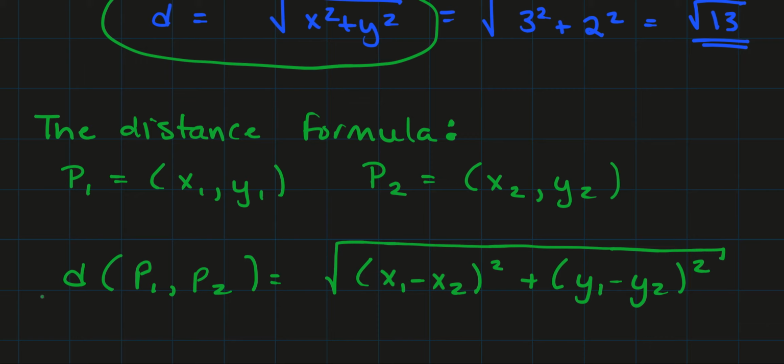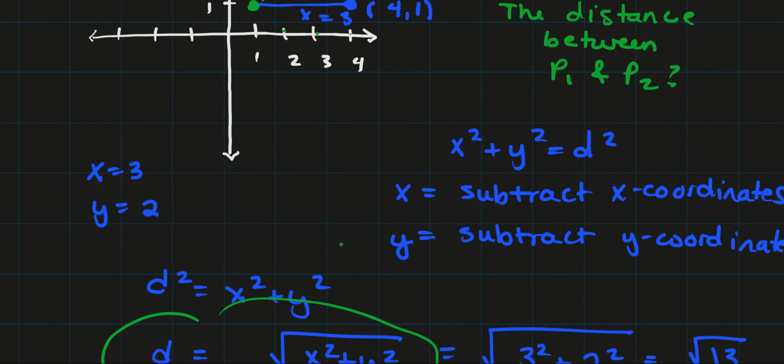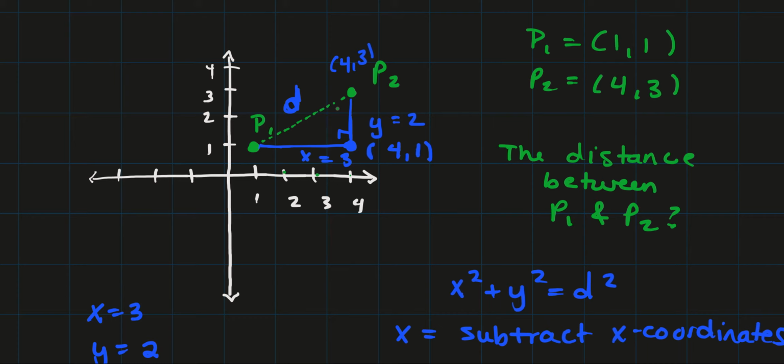So now we can use this formula. We don't actually have to draw a triangle every time. And we can use this formula for points that aren't in quadrant 1.